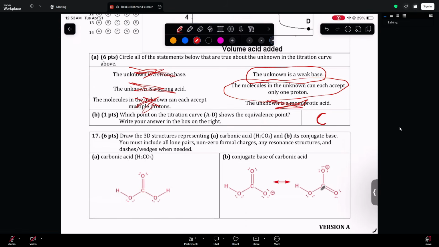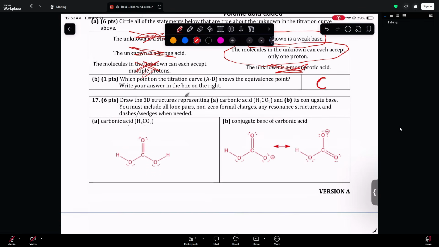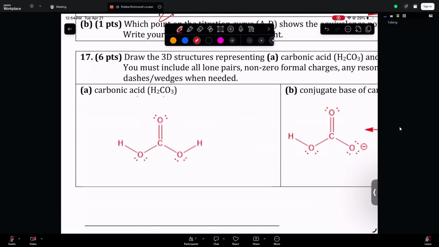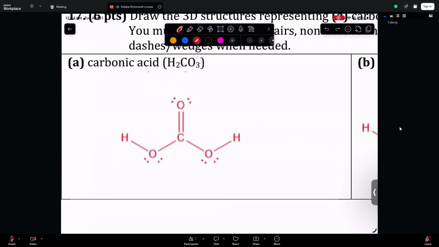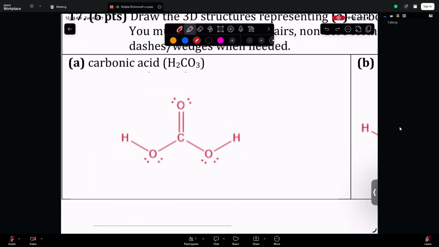All right. Question 17, draw the 3D structures of carbonic acid in part A and its conjugate base in part B. This is going to include its structures and dashes and wedges when needed. The key is that this is a little deceptively difficult to draw.